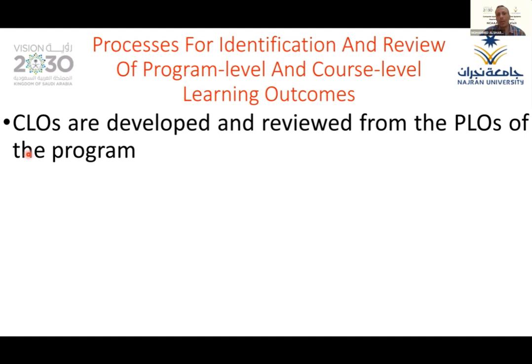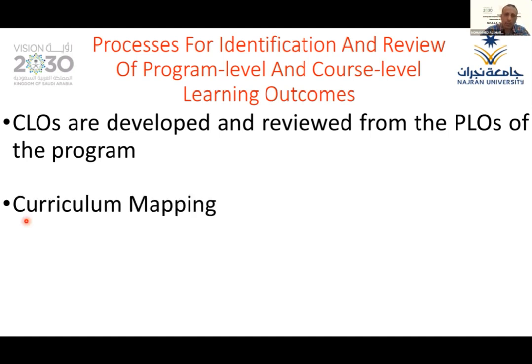Okay, what about CLOs? Our CLOs are developed and reviewed from the PLOs of the program. Meaning, when we define our CLOs, we should define them based on the PLOs and based on the curriculum mapping. We will give an example now.